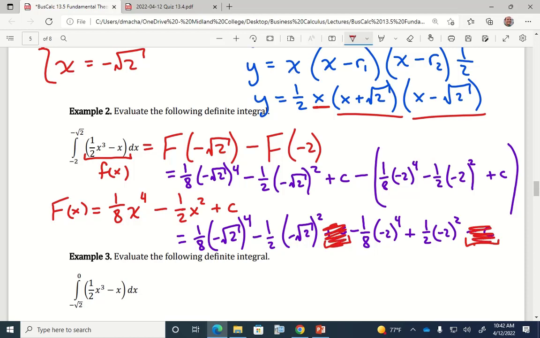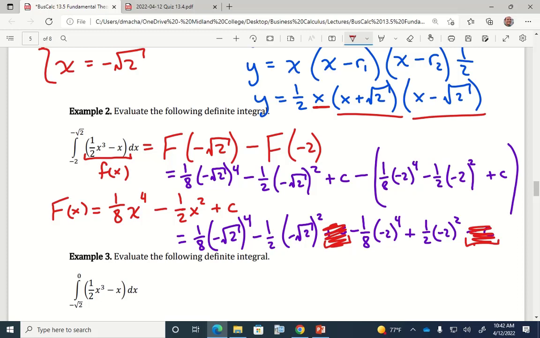And it turns out this is always the case. If you're evaluating a definite integral, you end up having the antiderivative of the upper bound minus the antiderivative of the lower bound. And since it's the same antiderivative, whenever you subtract the two, that plus c on the end always cancels out. So for a definite integral, you never have to specify what that c value is.